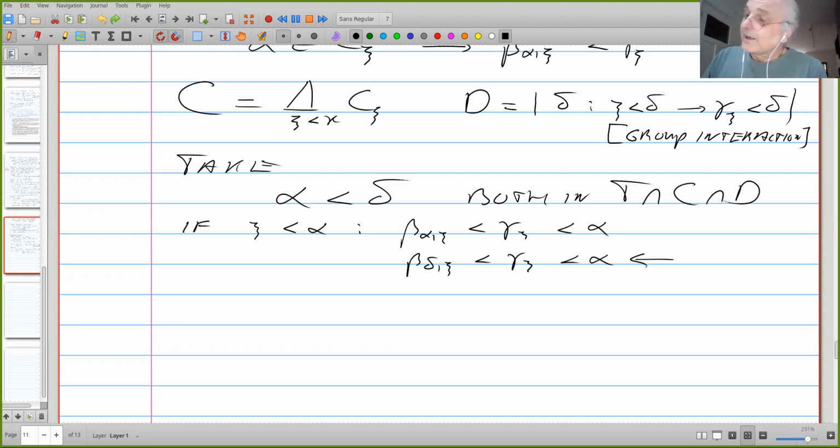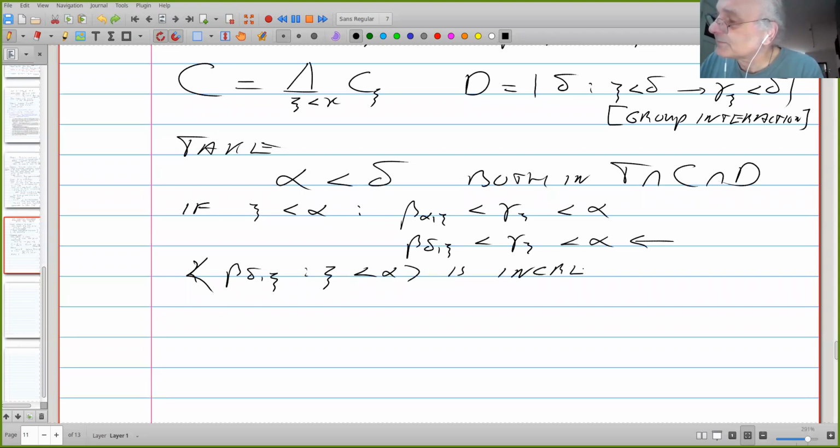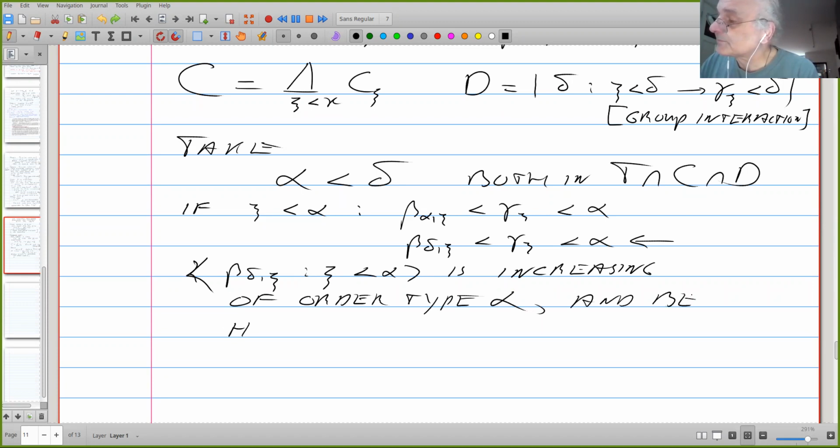Because why? What does that mean? It means that beta delta psi is increasing of order type alpha, and below alpha, hence beta delta alpha is the supremum.